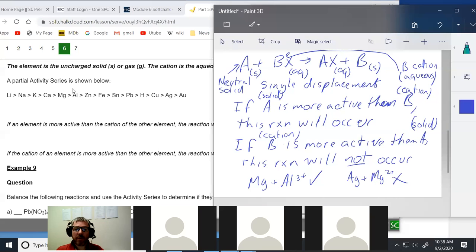So we're looking at the cations and the solids and where they are in this activity series. Only if the solid is more active than the cation will the reaction occur. So that's the basis of it.